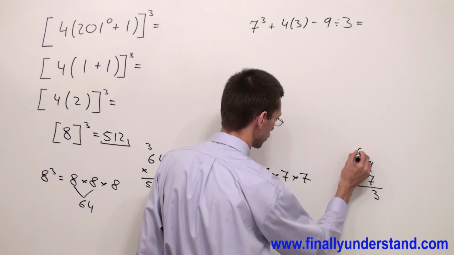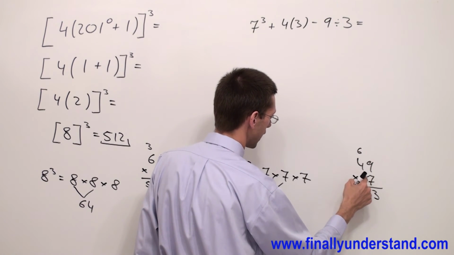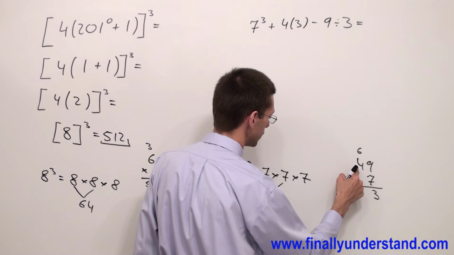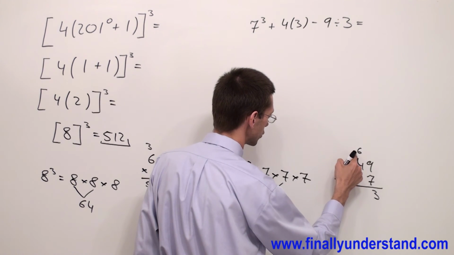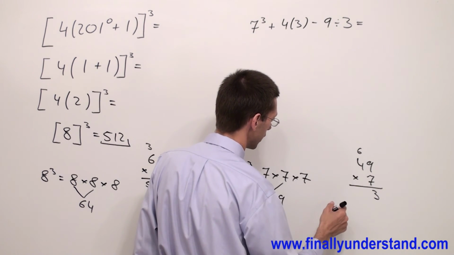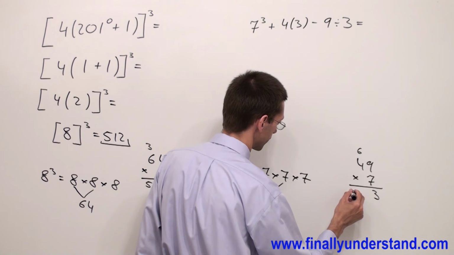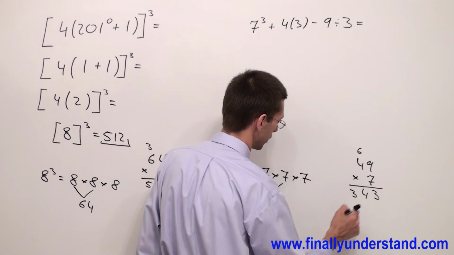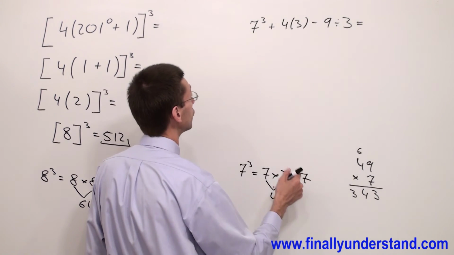Write 3, carry 6. 7 times 4 is equal to 28. 28 plus 6 is equal to 34. Okay, so this is 343.